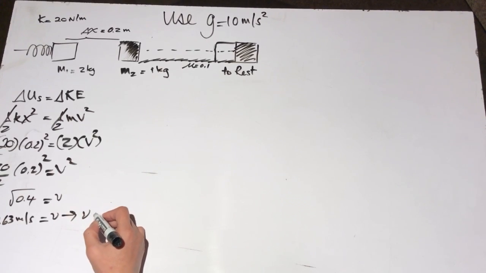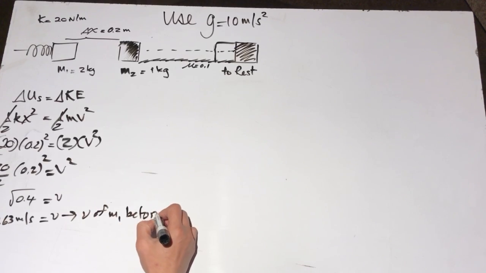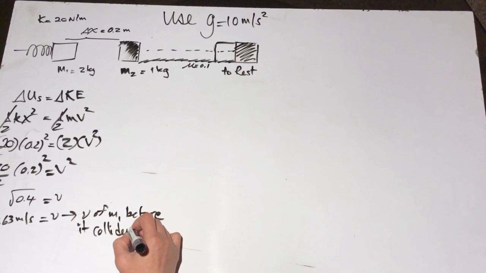And this is the velocity of M1 before it collides with M2. You need to know what the velocity is for that one.